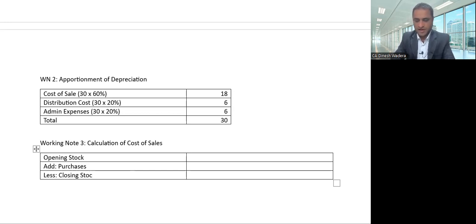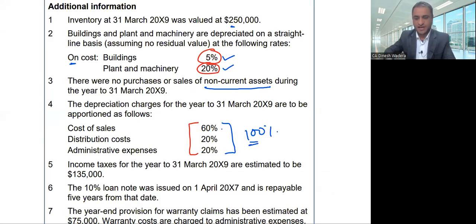Even though this is a standard formula, we also have to deduct depreciation, or call it the apportionment of depreciation. So let's get this figure from the books or trial balance.